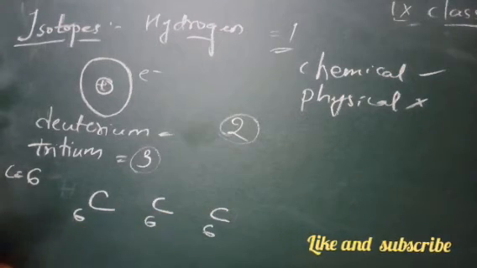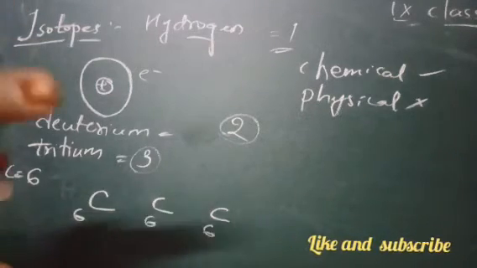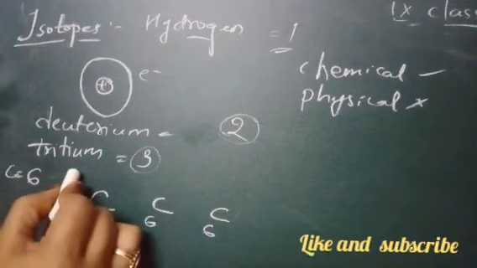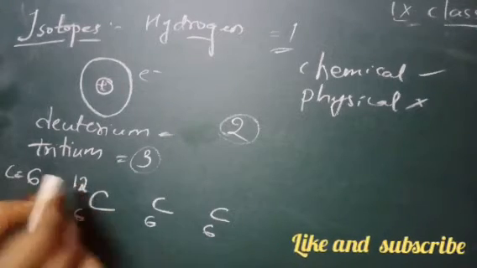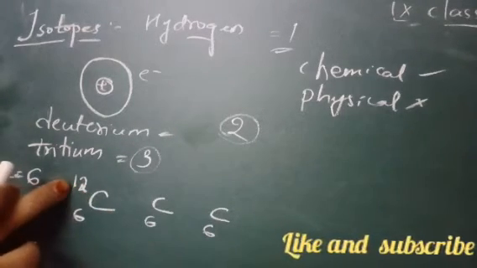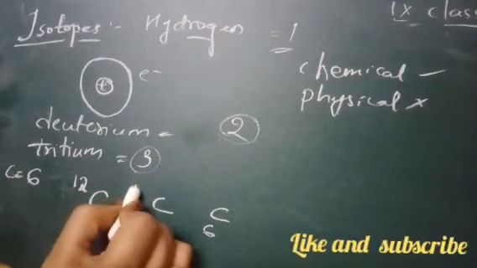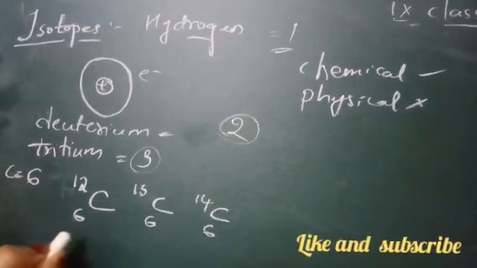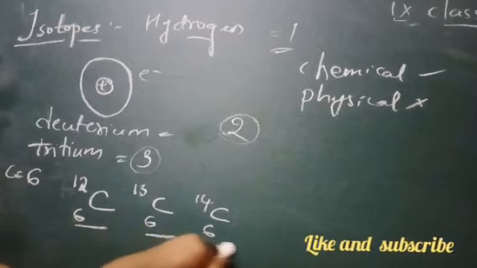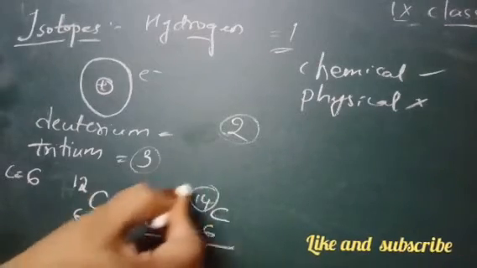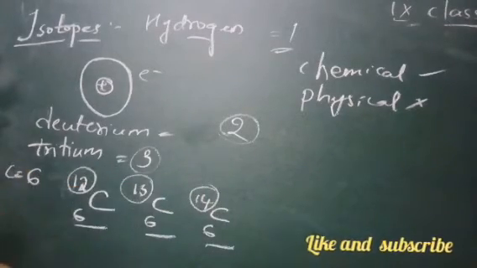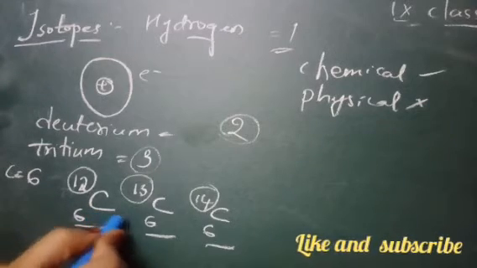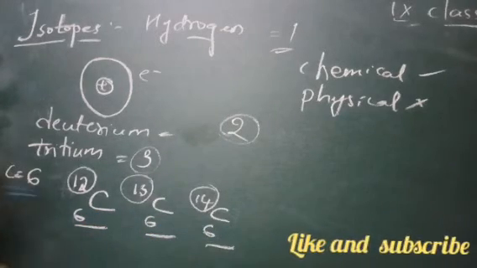The atomic number will be the same, that is, we will write C as 6 only. But when you see the number of protons and neutrons, that is the atomic mass number, you will see that they are different. So the atomic numbers are the same but the atomic mass numbers are different.